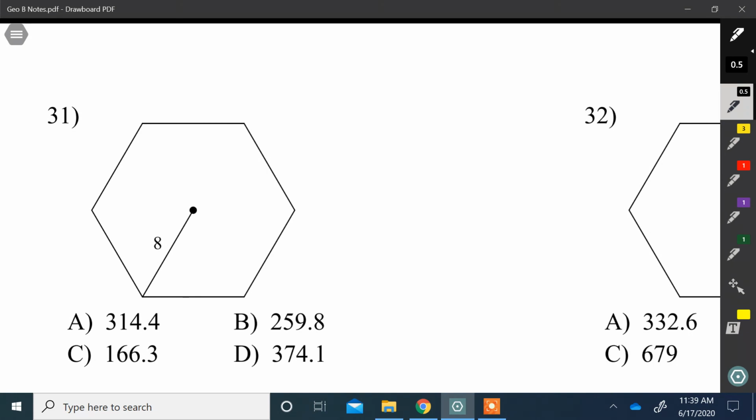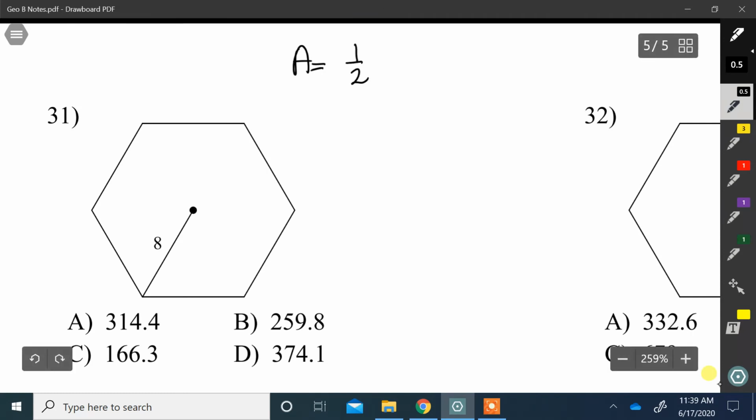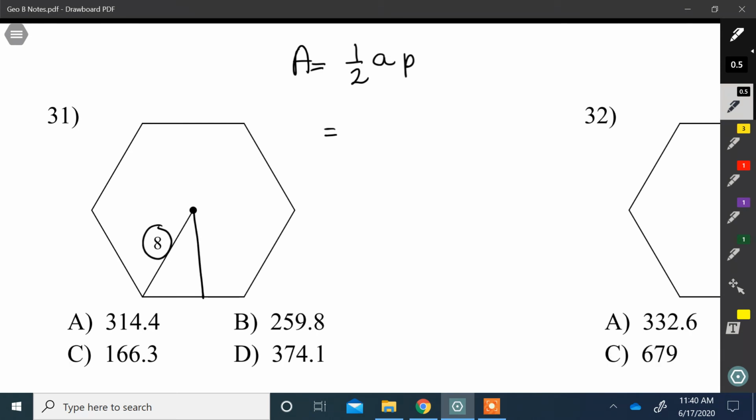Okay. All right, so again, this is the same idea. We have to find the area of the polygon there, and it's the apothem times the perimeter. This right here is not the bottom, okay? This right here is the bottom.